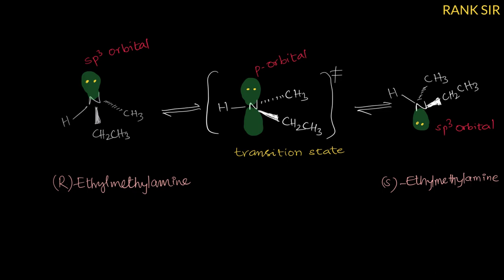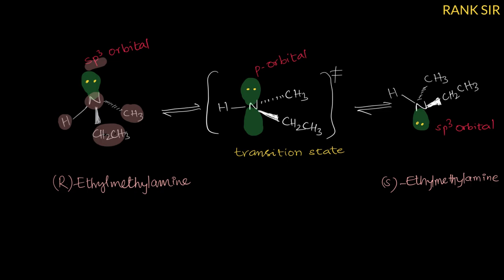Around this nitrogen there is a lone pair, hydrogen, an ethyl group and a methyl group. All these four different groups are on the nitrogen atom, and the lone pair occupies the sp3 hybrid orbital. Then this is chiral.